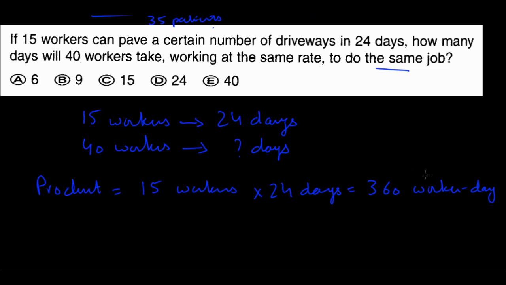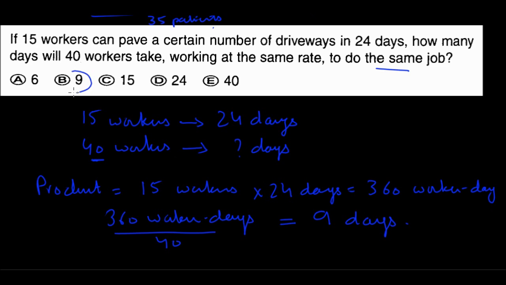Again, what this number represents is that if I have one worker, then it will take that one worker 360 days to do the job. Well, but I have 40 workers to work with, so 360 worker days divided by 40 gives me 9 days.